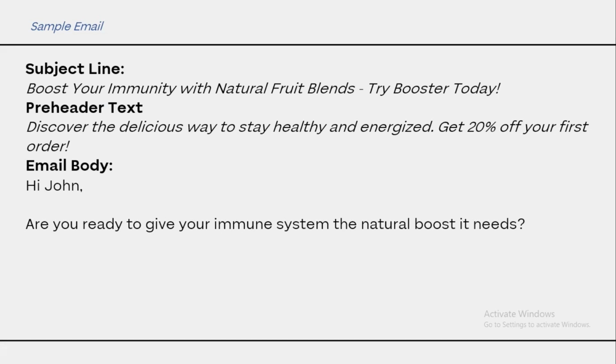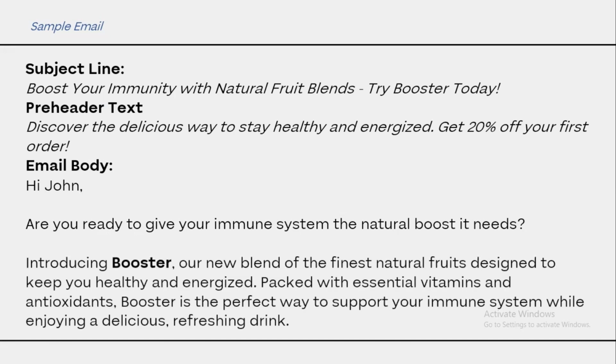And remember, when we're discussing the body, we said you should use short paragraphs, use bullet points to ensure that your email is easily understood and easily read. So we say, introducing Booster, our new blend of the finest natural fruits designed to keep you healthy and energized. Packed with essential vitamins and antioxidants, Booster is a perfect way to support your immune system while enjoying a delicious, refreshing drink.